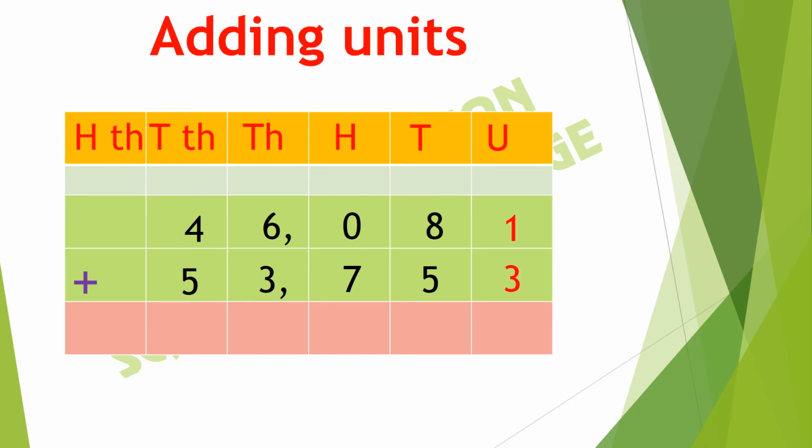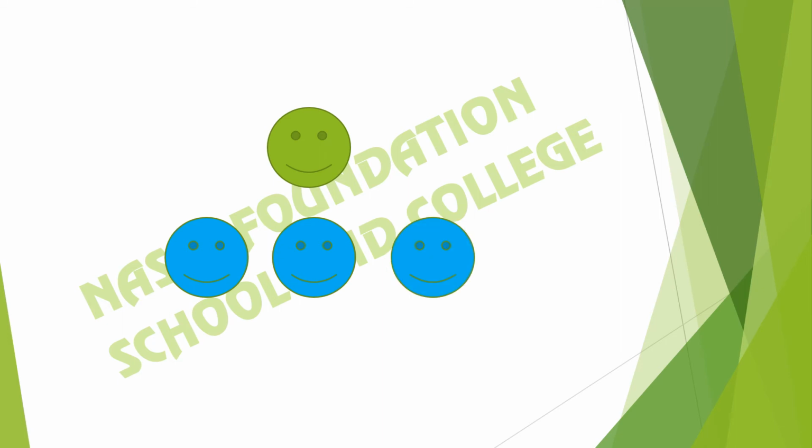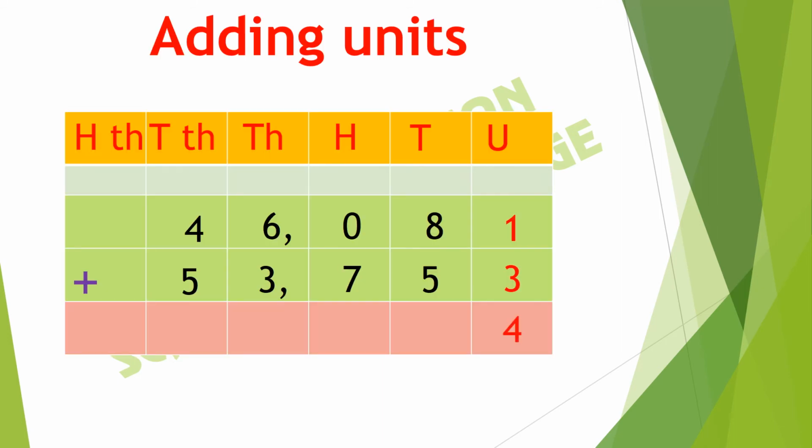We start from units. In units there is 1 and 3. We will add 1 and 3. To 1, we will add 3. 2, 3, 4. We will write 4 in the units column. After the addition of units, we will add tens. In the tens column there is 8 and 5.